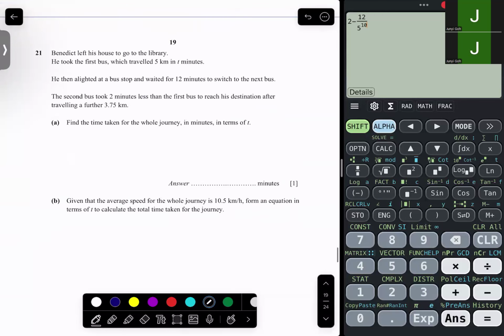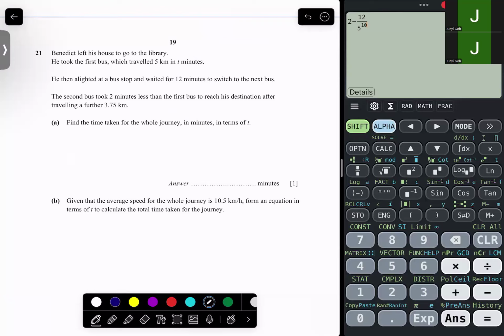Question 21. Benedict left his house to the library. He took the first bus which traveled 5 km in T minutes. He then alighted at the bus stop and waited 12 minutes to switch to the next bus. The second bus took 2 minutes less than the first bus to reach his destination after traveling a further 3.75 kilometers.